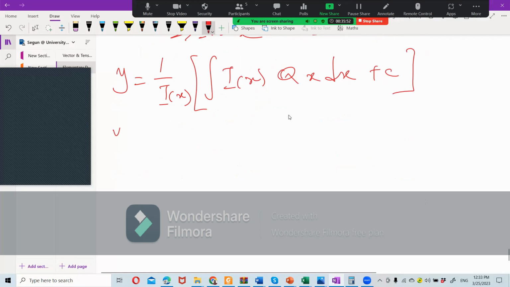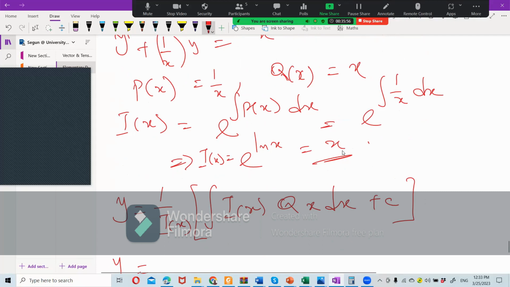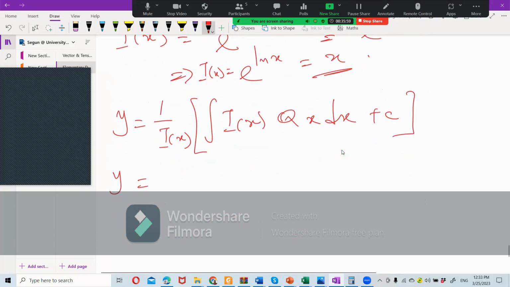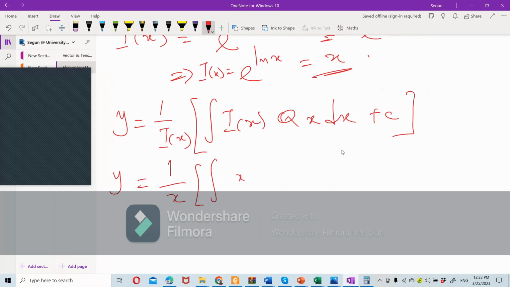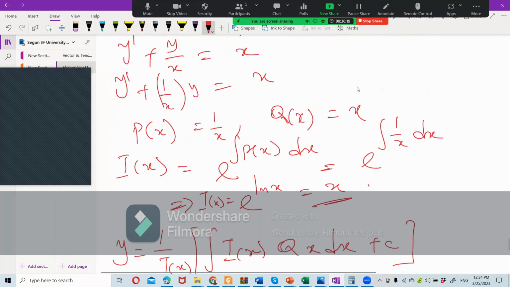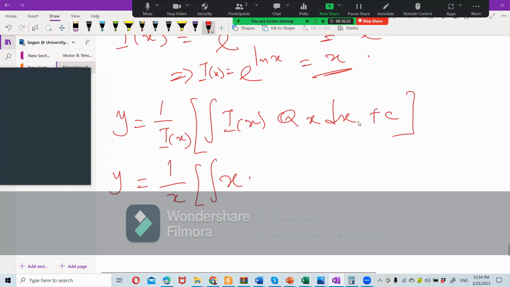So here we have y to be equals to, what is I of x? Let's go back to I of x. Our I of x is x. Substitute it here. You have 1 all over x integral of x multiplied by, what's the q of x? Q of x, let's go up, is x.